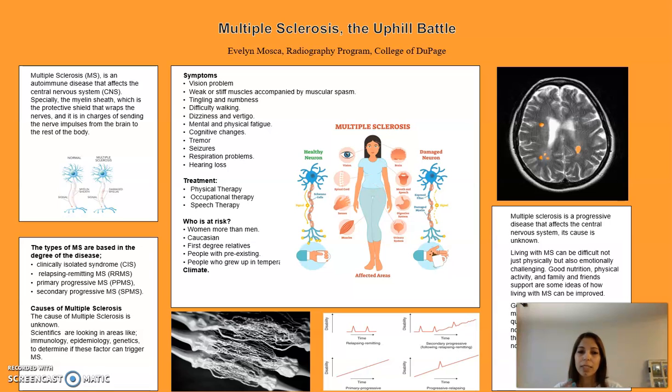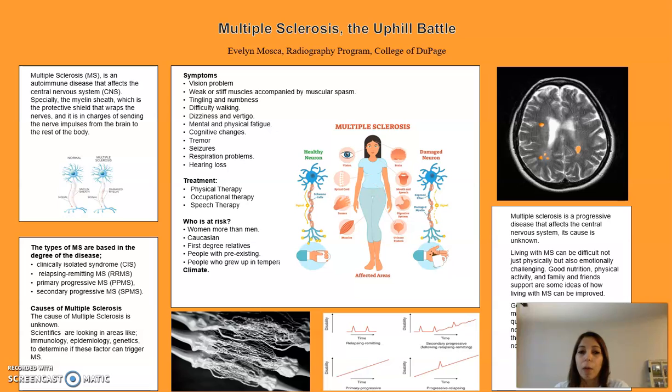It affects the genetics in the way that first-degree relatives like parents and siblings are at a higher risk than any other family member. For example, according to the Healthline website, twins specifically have a higher risk of developing MS if one of them has it, and the ratio is 1 to 4, which is considerably big.